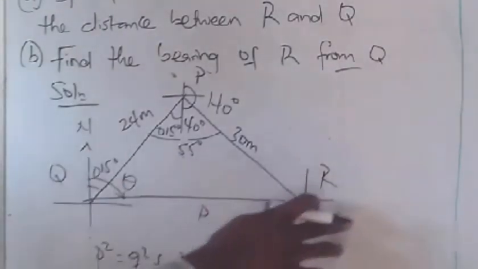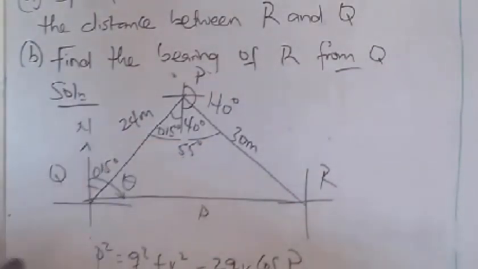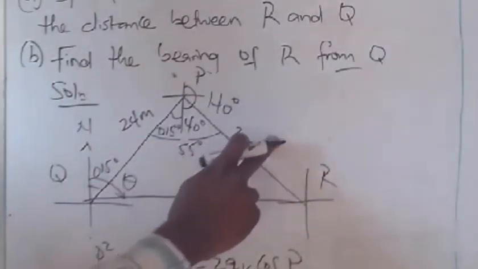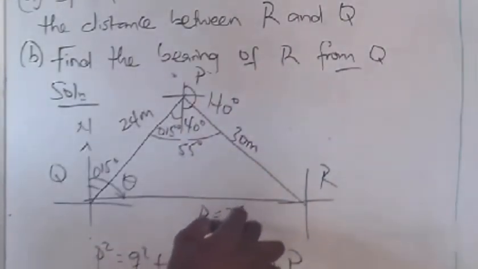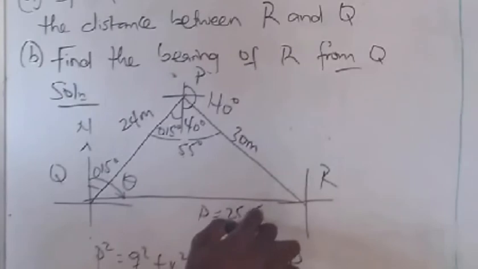How can I get this? This has a side, and we have the remaining side, which is 25.5 meters.